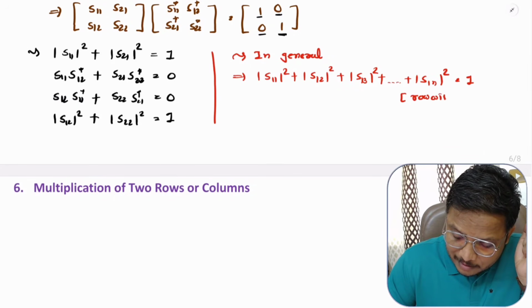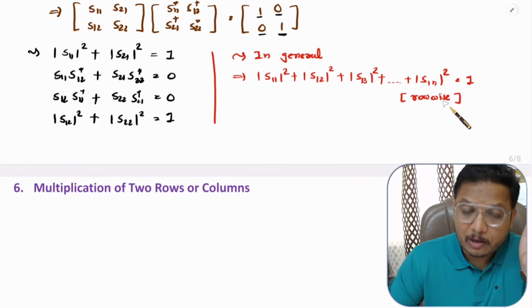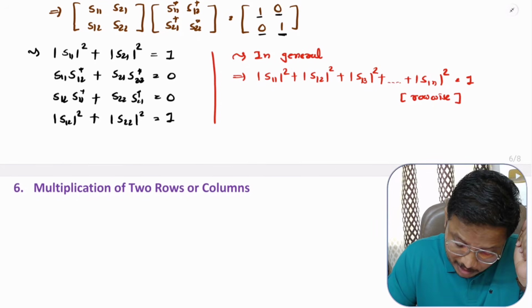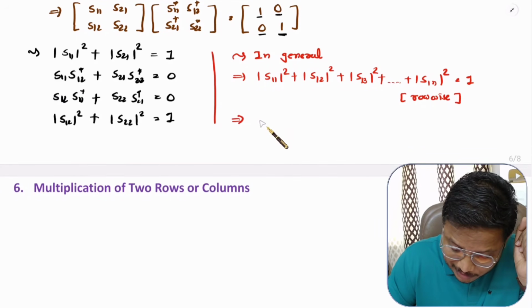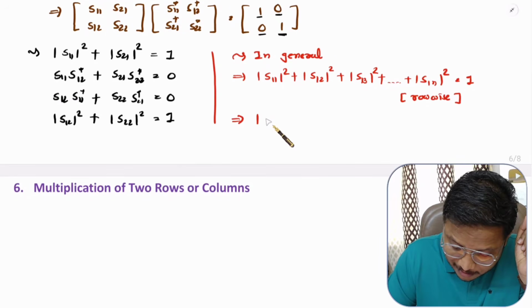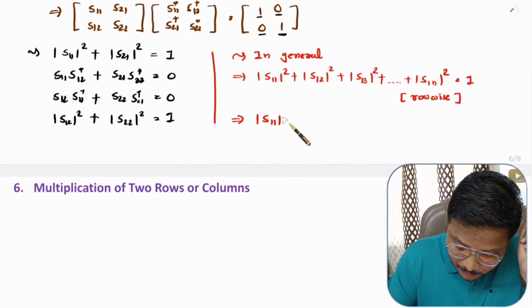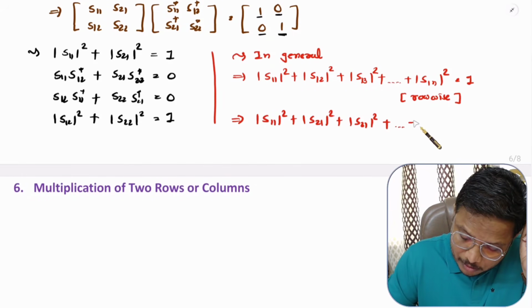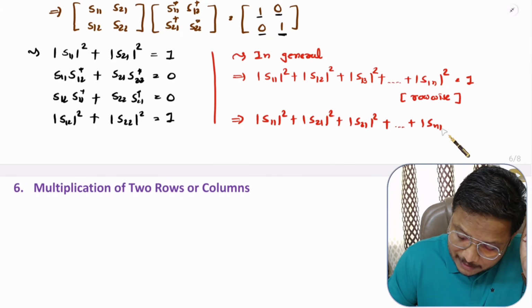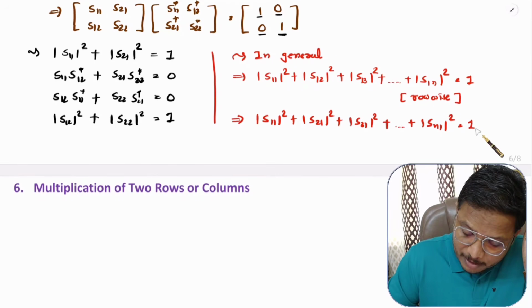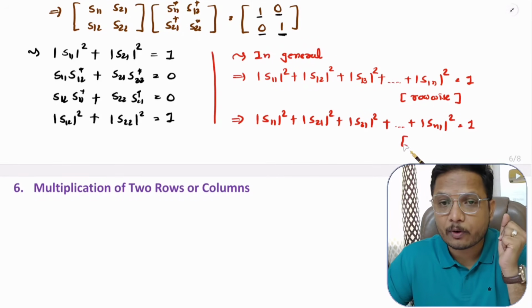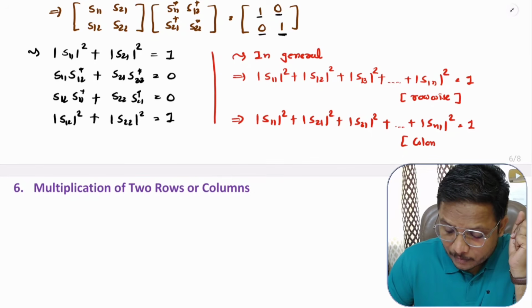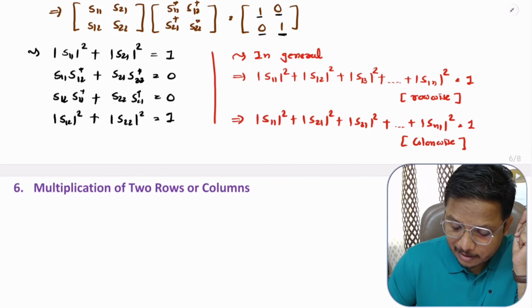A similar thing one can have based on column wise calculation. If you want column wise calculation, then you see how it is: S11 square plus S21 square plus S31 square plus up to Sn1 square, and that should be equal to 1. This is what we have for column wise calculation.